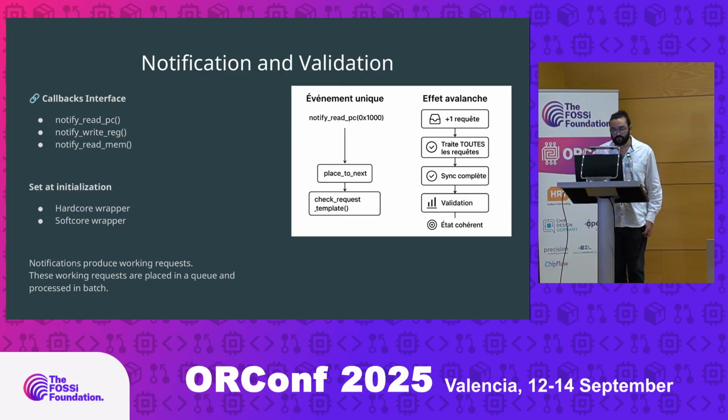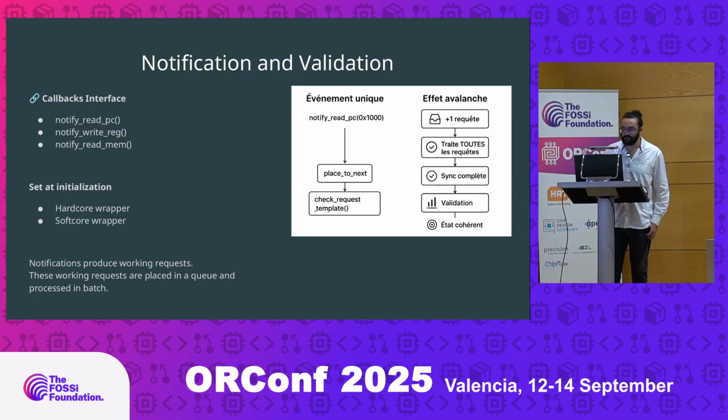The notification and validation system is set by a callback interface. Currently I have only three: the PC, register, and memory. They are pointer functions that are set independently on the hardcore and the softcore wrapper.